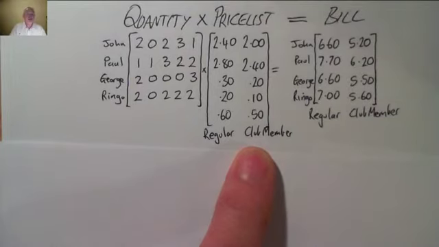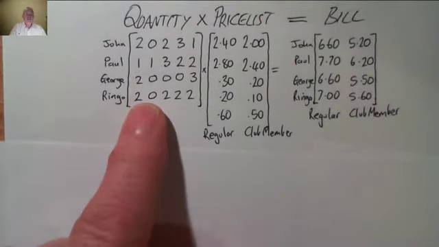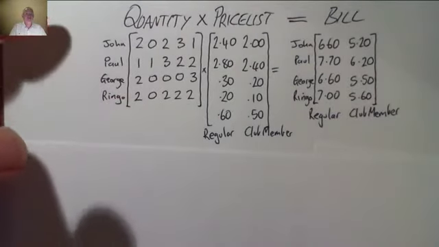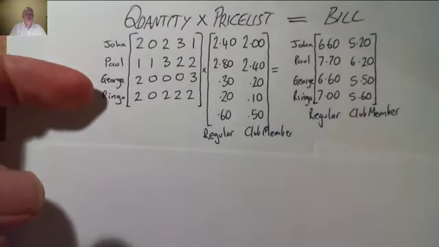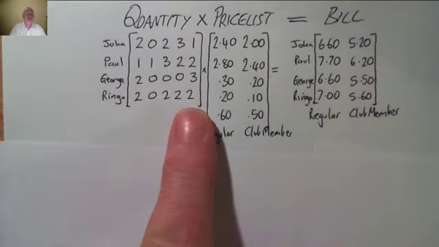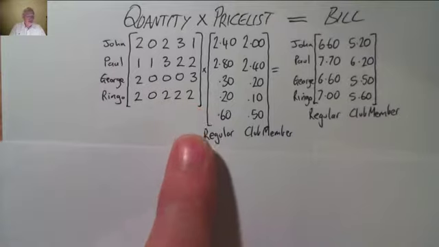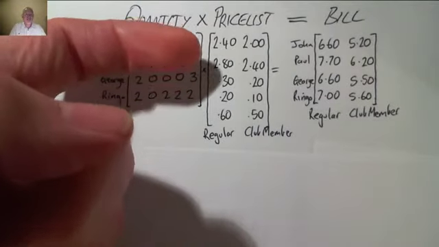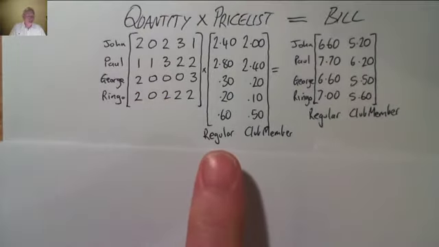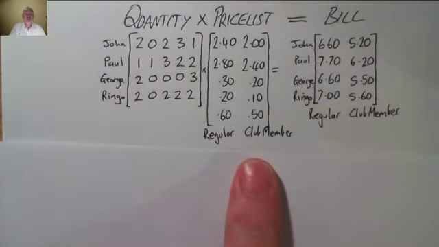Now we saw that this matrix had 5 columns, 1, 2, 3, 4, 5, and 4 rows: John, Paul, George and Ringo. So each customer had their own row, and there were 5 items for sale. And this price list had 5 items in the rows and 2 columns.